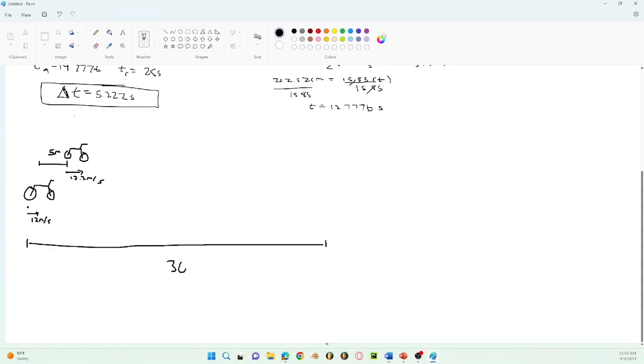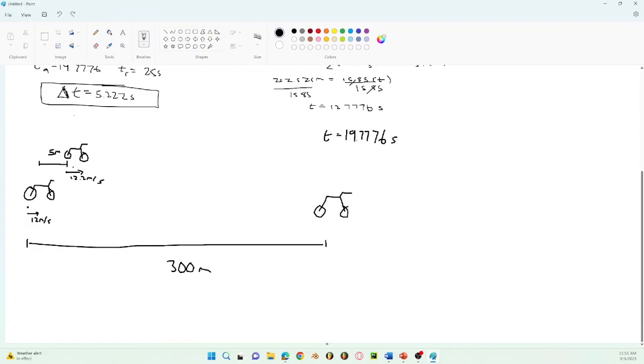They complete this 300 meters in 19.7776 seconds. So at t equals 19.7776 seconds, the biker has passed this one, perhaps. Based off of the question, I'm assuming that they passed them. So let's see where this person is at this time.